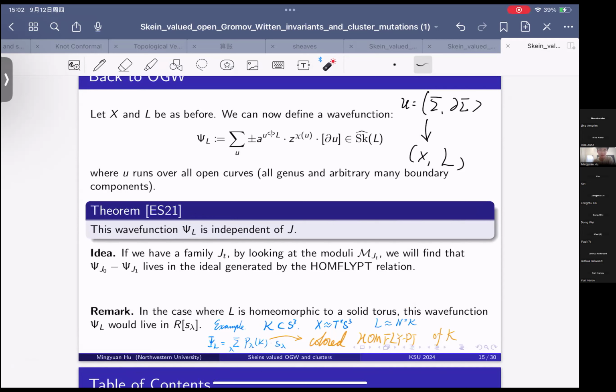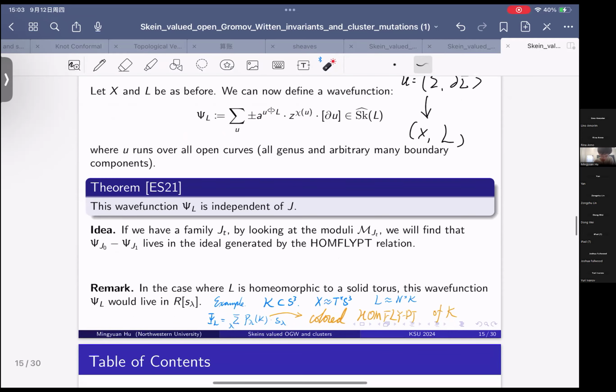Oh yeah, exactly. That's the reason, because we will see later that it satisfies some equation, some skein equation. And if we do the rank one reduction, it becomes a q-differential equation. That's how we compute them. We solve those skein relations to compute this wave function of L. Yeah, thanks.